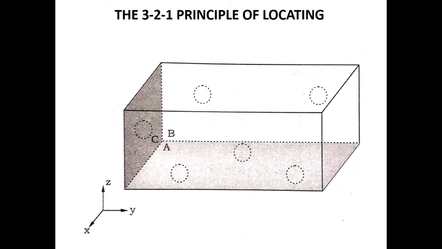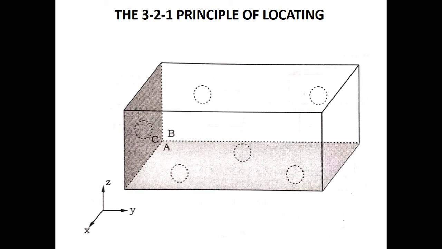So 5 plus 3 plus 1, a total of 9 degrees of freedom are arrested by the 6 locators. Clamping of the block restricts the remaining 3 degrees of freedom. So in total, if you provide this 3-2-1 principle, you will be able to arrest all the degrees of freedom.